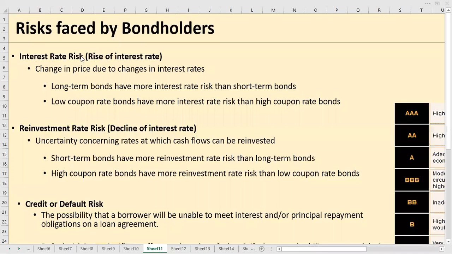First one, we know about interest rate risk, which we already discussed: changes in the price due to changes in the interest rate. Long-term bonds have more interest rate risk than short-term bonds. Then we say low coupon bonds also have more interest rate risk than high coupon bonds.